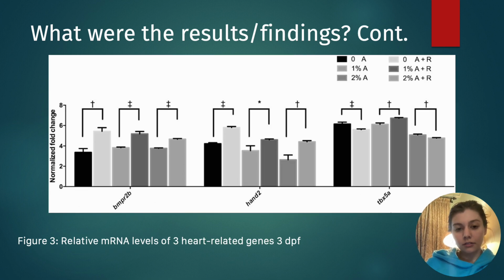And here's the last and final figure that was presented in the article. It is figure 3, and it compared relative mRNA levels for 3 heart-related genes at 3 days post-fertilization. So mRNA was extracted using trizol reagent, and data analysis was performed using statistical software called GraphPad Prism 7.0.